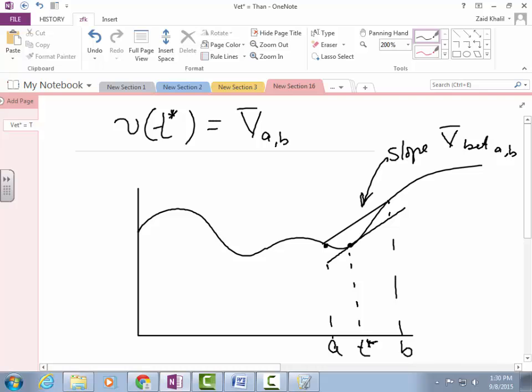Similarly, what I'm going to do is this. What does the blue car observe?